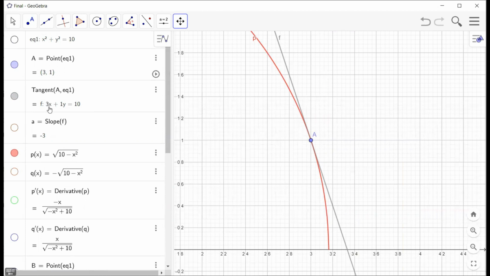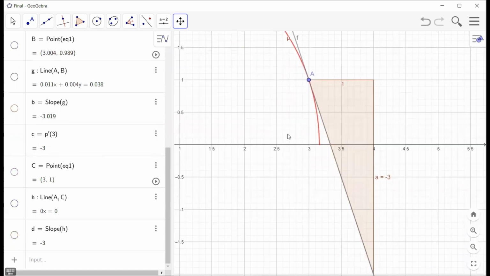And our tangent is 3x plus y equals 10. And if we ask GeoGebra what is the slope of this tangent, the slope of f, because this tangent here is called f, our slope is -3.